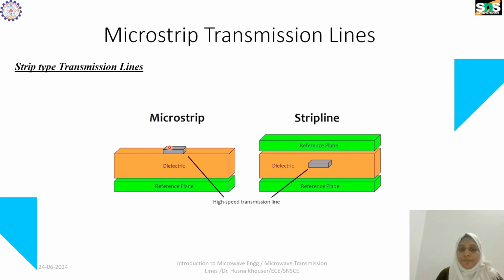This type of transmission line is used for designing antennas. For an antenna, we similarly have the ground plane, the dielectric material, and then the top conductor, which we call the top conducting surface layer. Then there is the strip line transmission line model. In the strip line model, the transmission line is suspended inside the dielectric material, between two reference planes, that is, two conducting surfaces: the ground surface and the top surface.